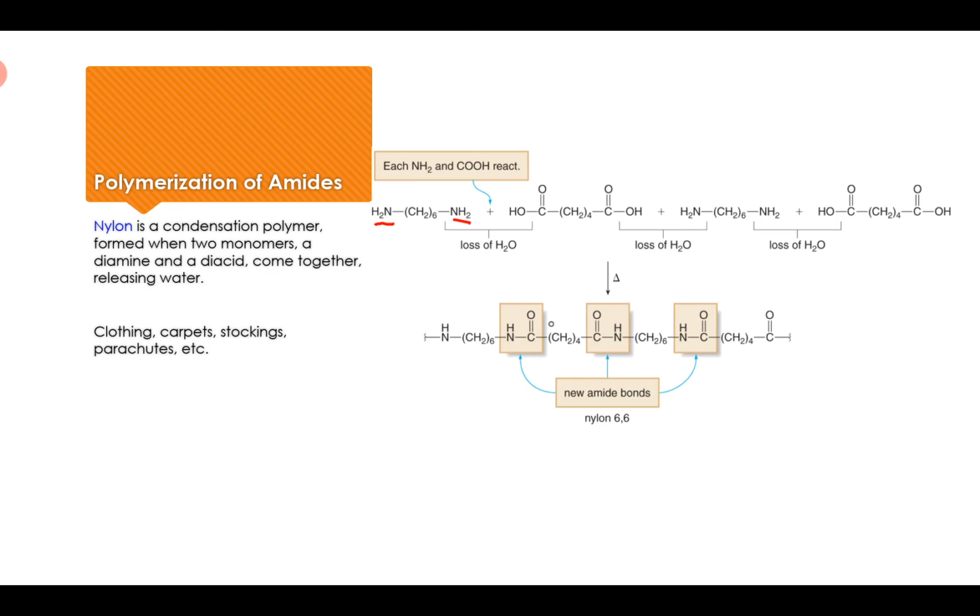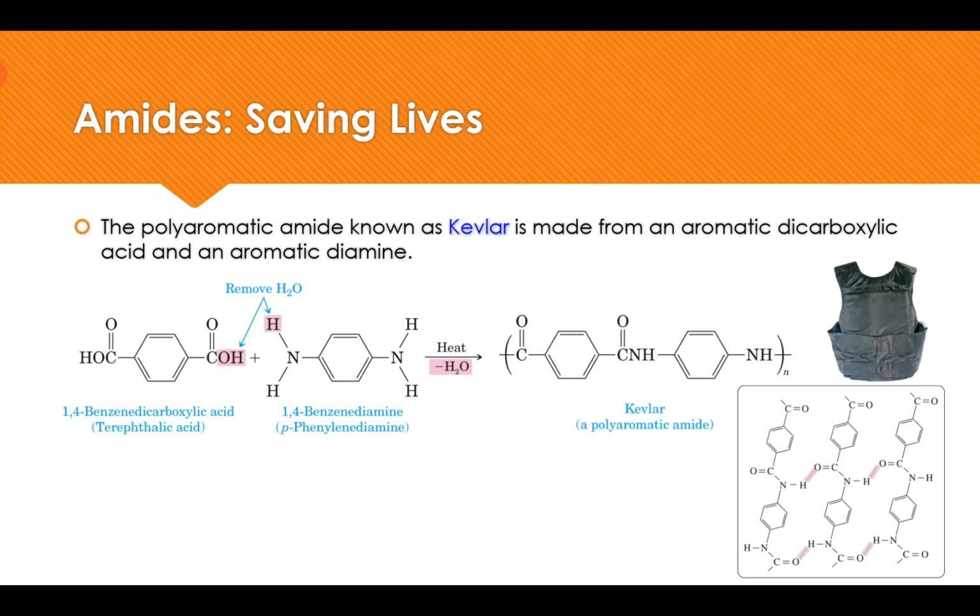And then we form different amides. Nylon is a fiber that is commonly used to make pantyhose or like parachute type materials. It's a very common fiber, and this is nylon. It has amide functional groups.